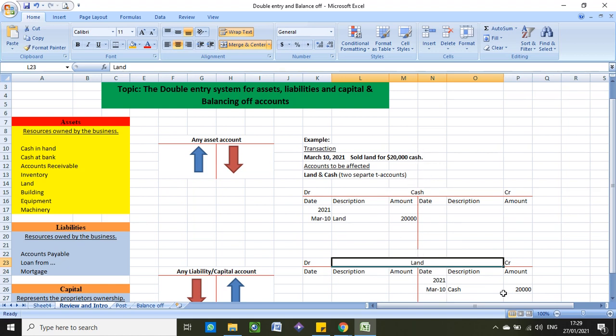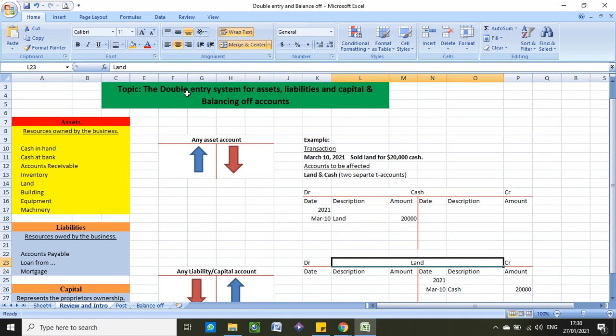However, this is increasing because we got cash in exchange for the land. However, we lost this, the land decreased on the credit side because we got rid of it, so to speak, but we got some cash in exchange. So we have a debit and a credit entry. Now let me go back here. The double entry system says that every transaction must have two effects. Two accounts must be affected, such as the ones I presented to you here, land and cash.